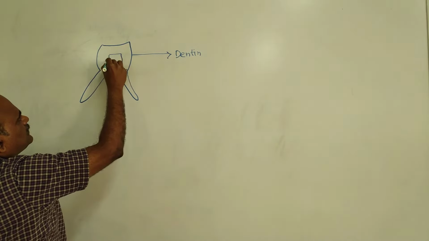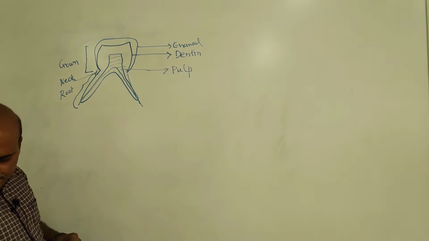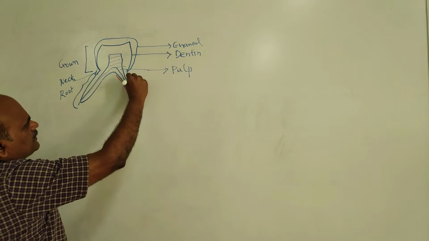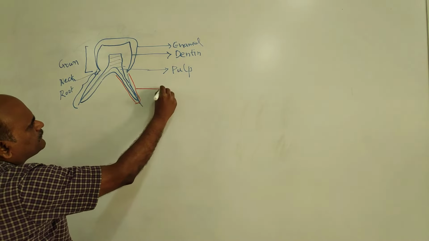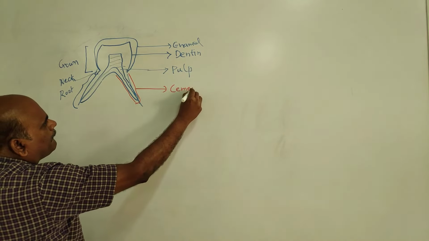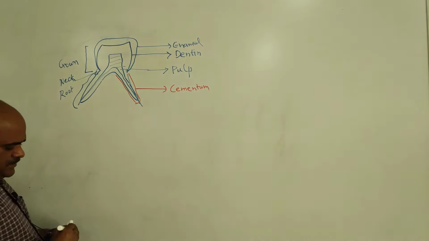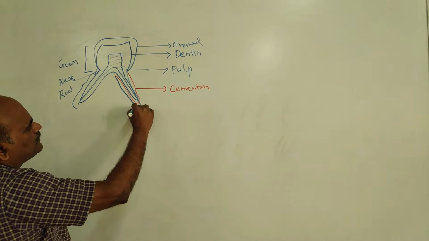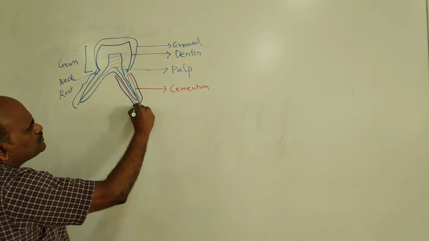The crown is covered by the hardest substance in our body called enamel. The root is covered by another substance called cementum layer, which is further surrounded by periodontal membrane or periodontal tissue.